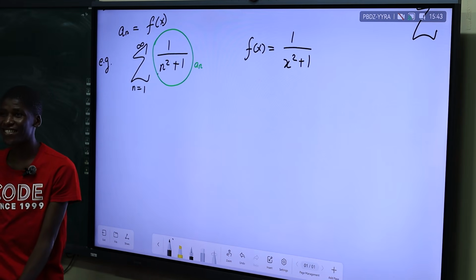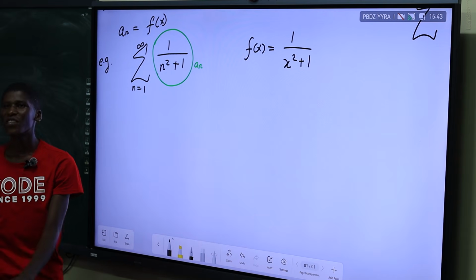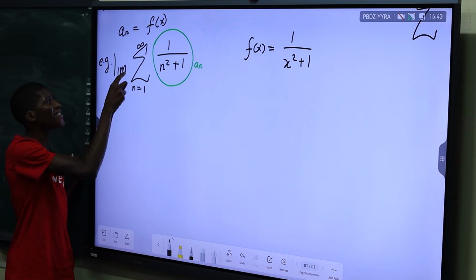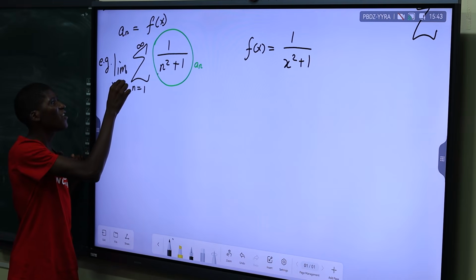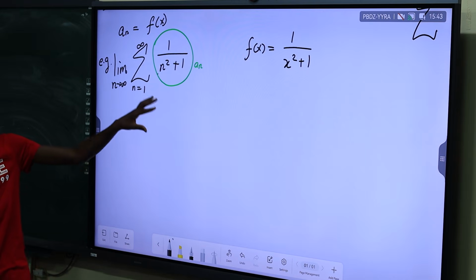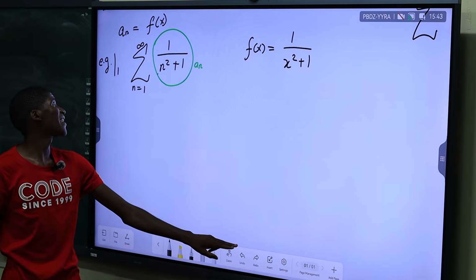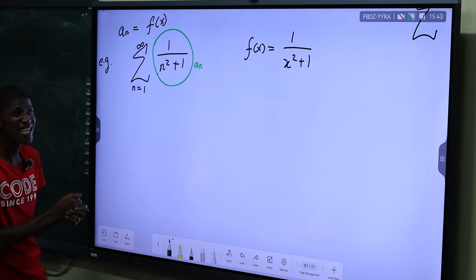Describe what an integral is. An integral is the limit of a sum. So if I say the limit of a sum as n goes to infinity, this becomes an integral automatically. An integral is just simply a limit of a sum, but it's fine. We're not there. We're still going to see what a limit is.